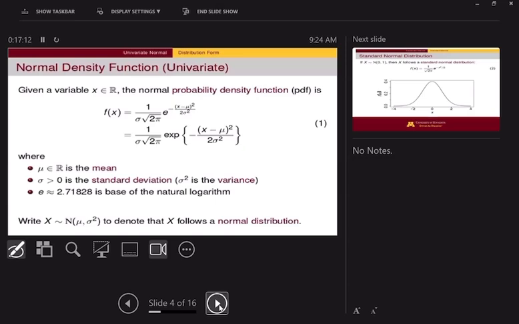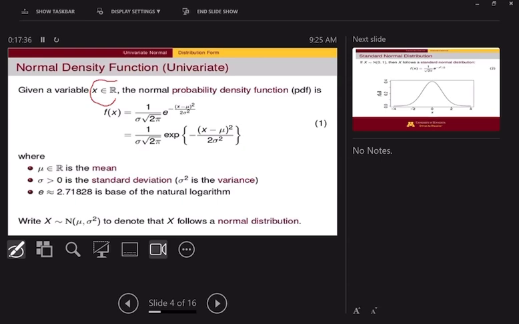Now, I want to define this distribution with regard to X. When I say univariate X, I'm only focusing on one measurement at a time. Maybe I'm focusing on blood pressure, or stock price, or certain characteristics of interest.